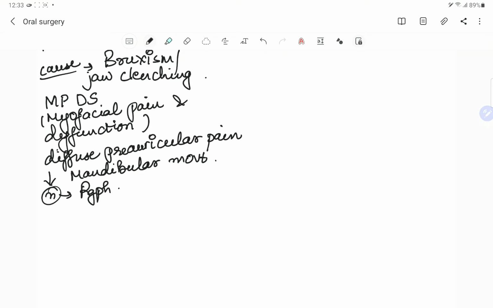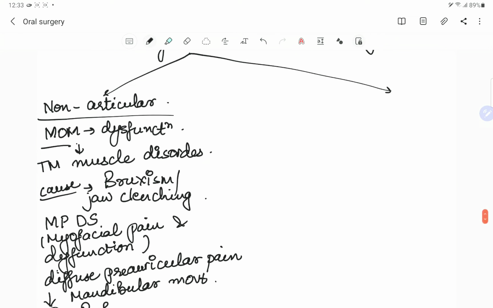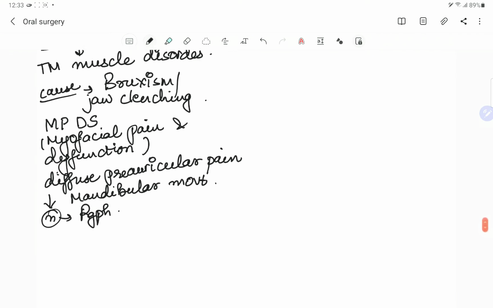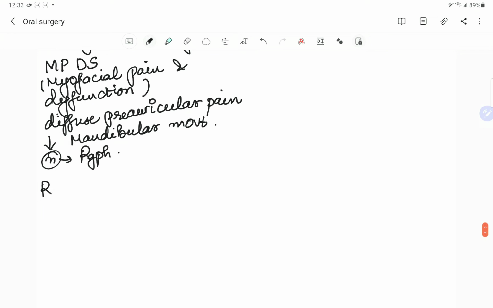So, in this case what do we do? If a person is having myofascial pain and dysfunction syndrome, or basically a non-articular temporomandibular joint disorder, you will have to check for occlusal discrepancies.